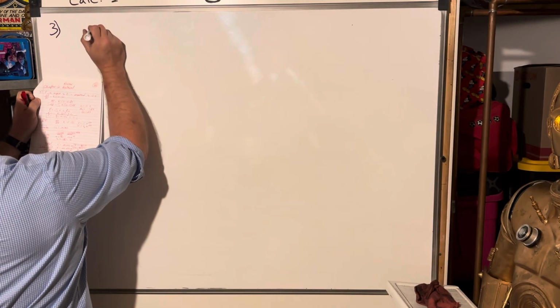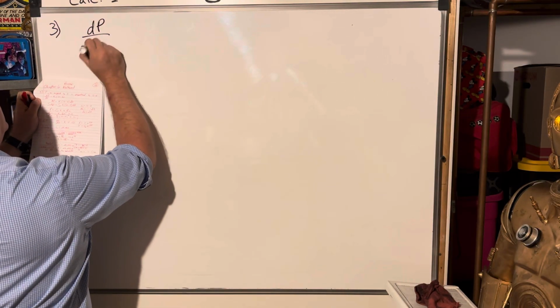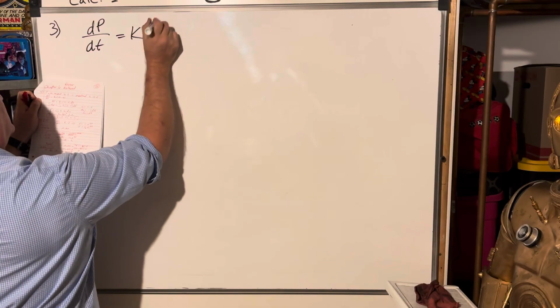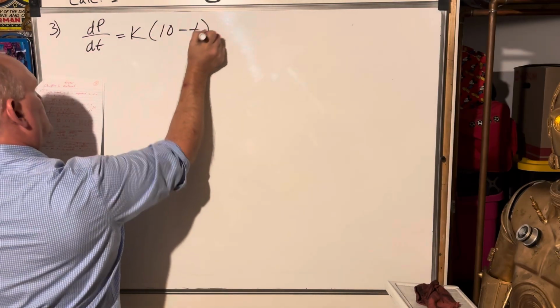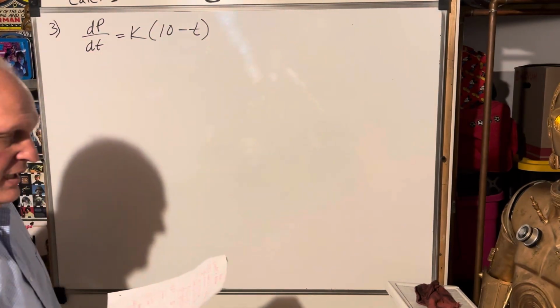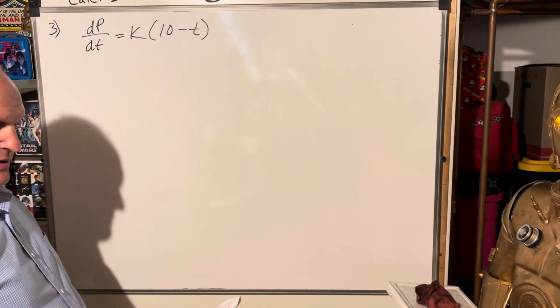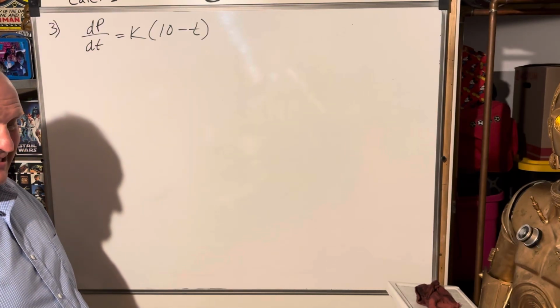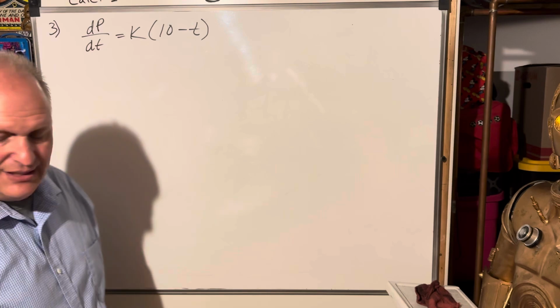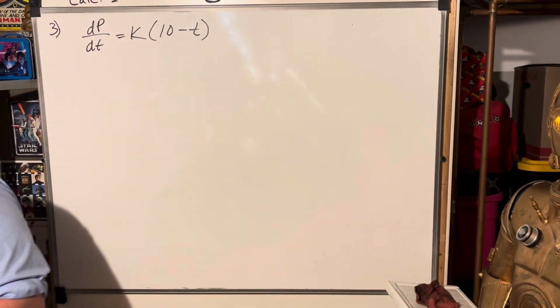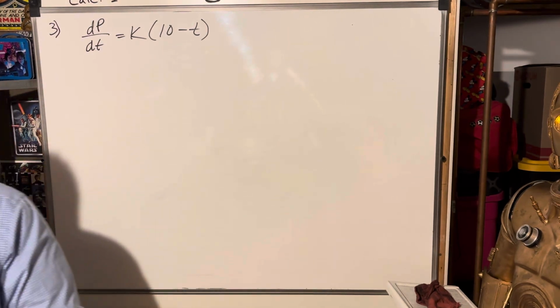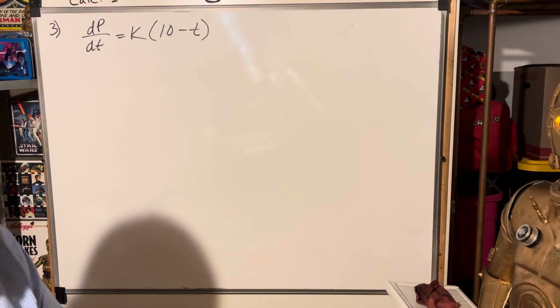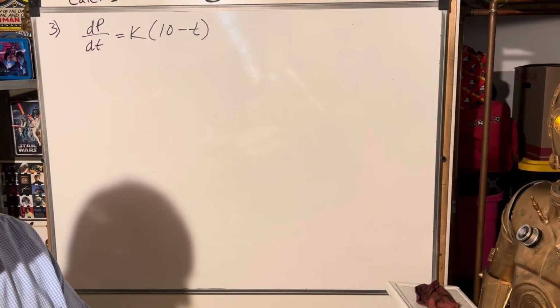So we've got dp over dt is equal to k minus t. And what do we want to do? Solve for p, I guess? What exactly did they ask us to do on that one? So it's page 14 in the notes.